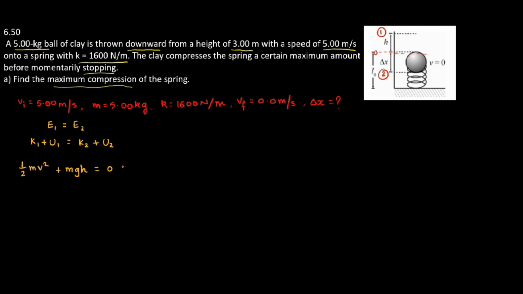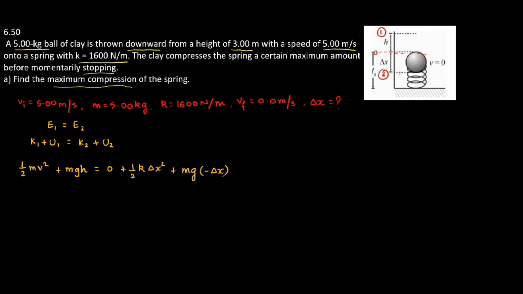So here I will write potential energy at point 2 as half k delta x squared for the spring plus m g times minus delta x. We take delta x as minus here because this is the case of compression and I am below my reference point.